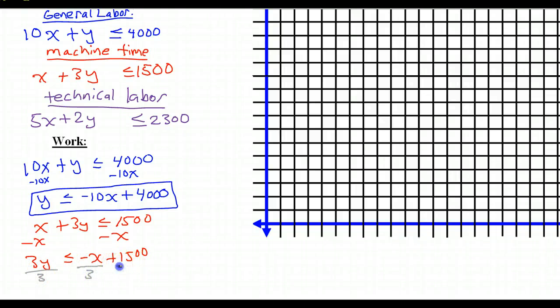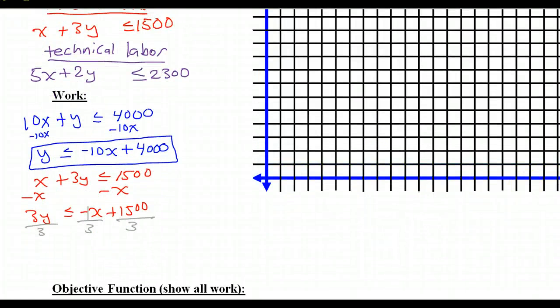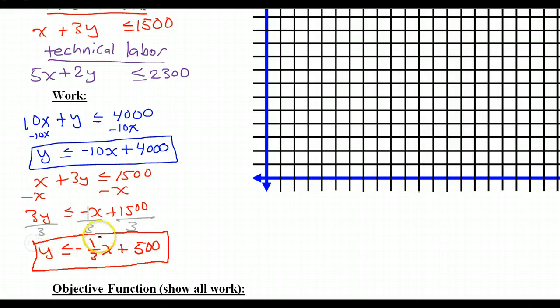Don't forget that there's this invisible 1 here. So when I rewrite this equation, it's going to look like this: y is less than or equal to negative 1/3 x plus 500. That's a lot less than 4,000. So this is my second constraint.